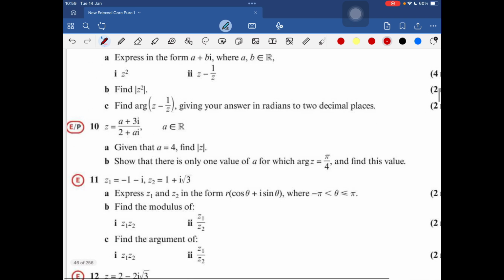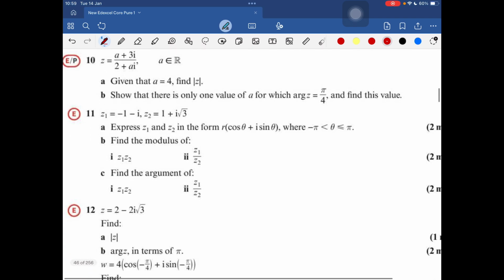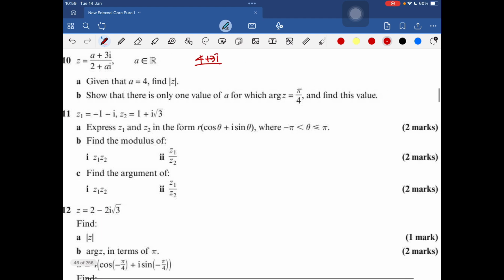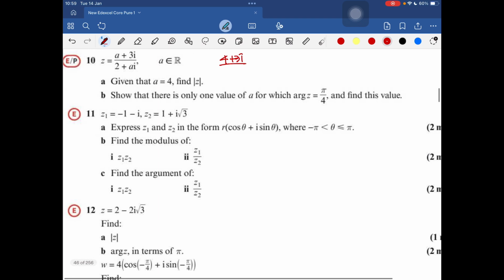And number 10. Given a equals 4, find the modulus of z. So z equals 4 plus 3i over 2 plus 4i. I'll give you a tip.